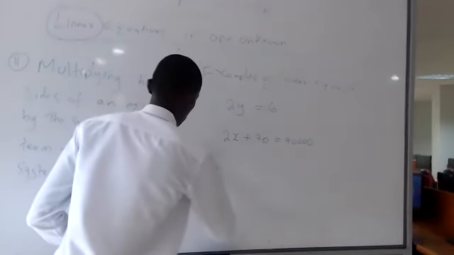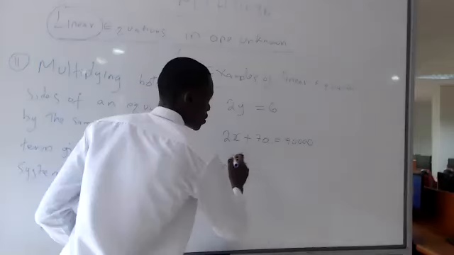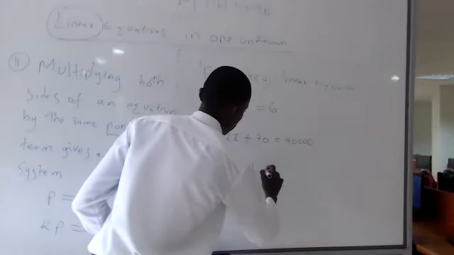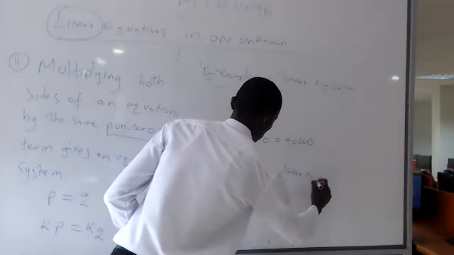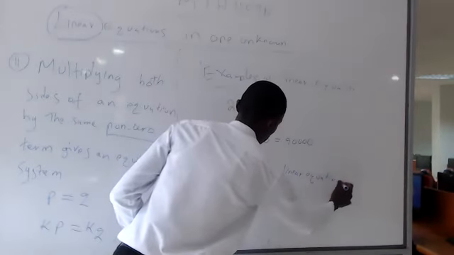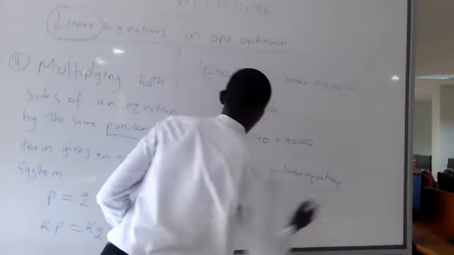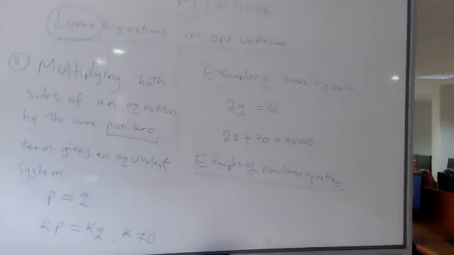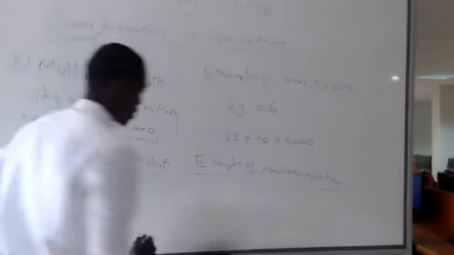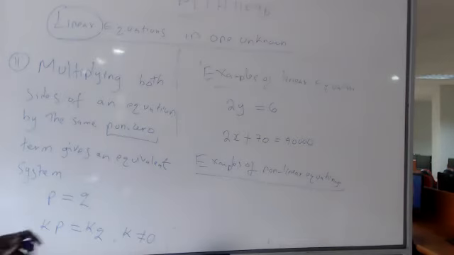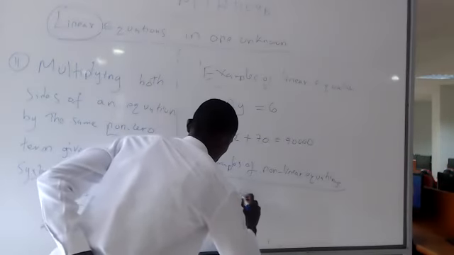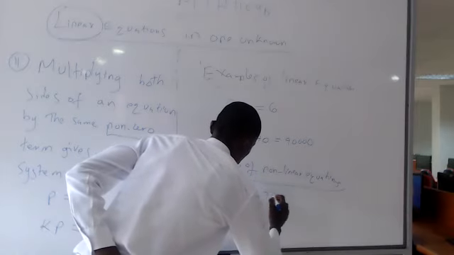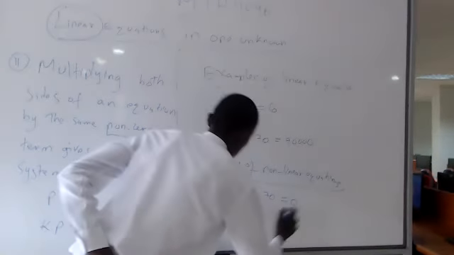Then let's look at examples of nonlinear equations. Nonlinear. So these are equations which are not linear. So for example, and you will tell me why they're not linear.